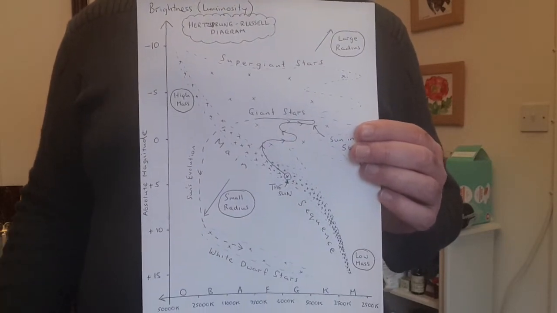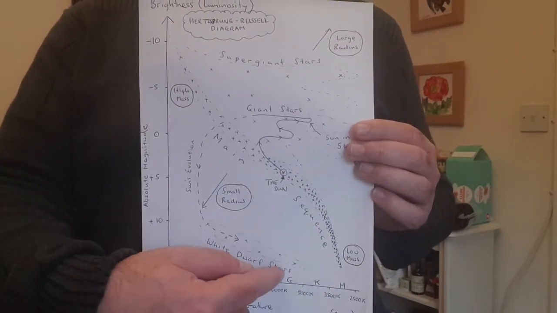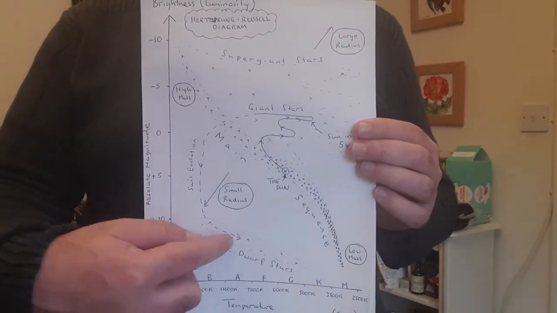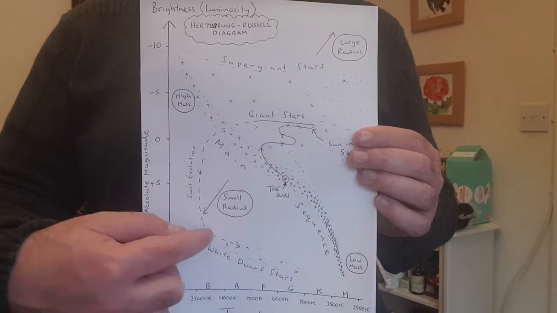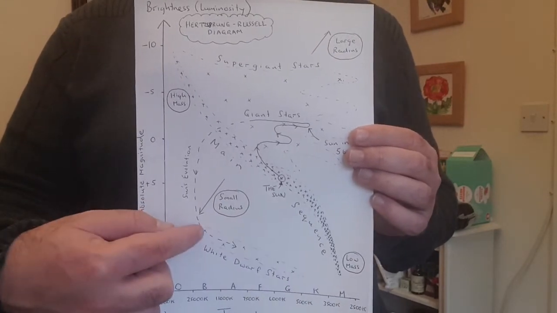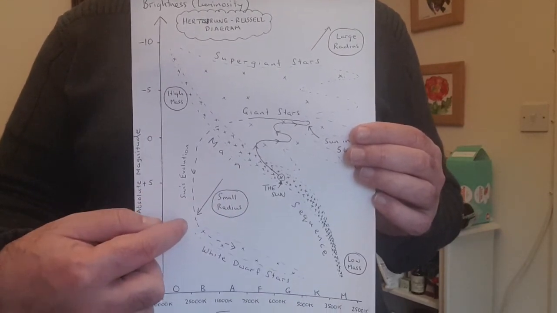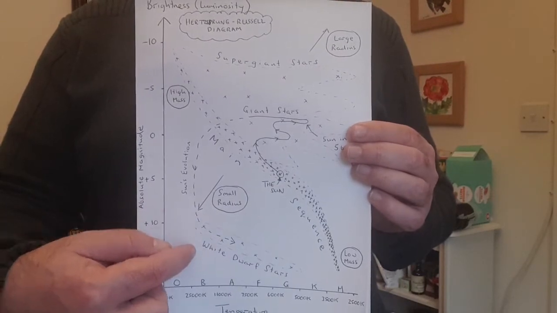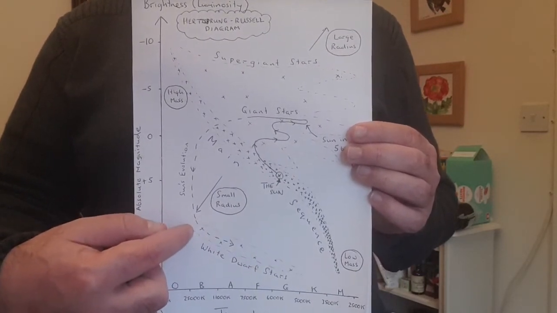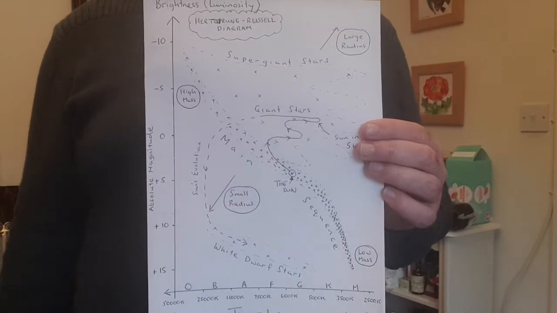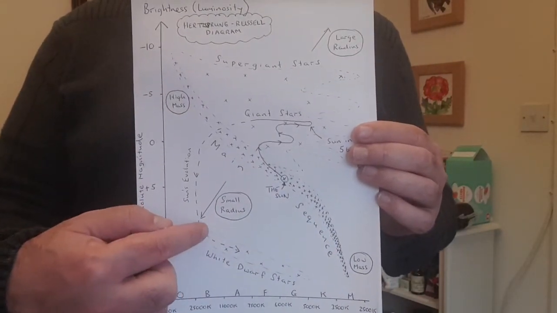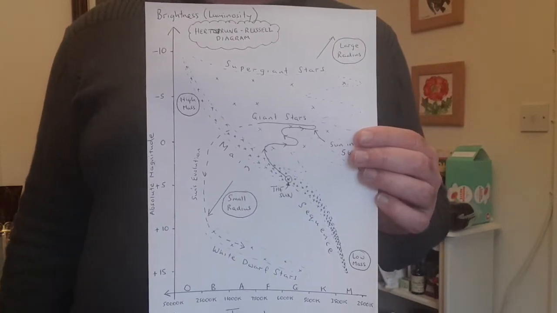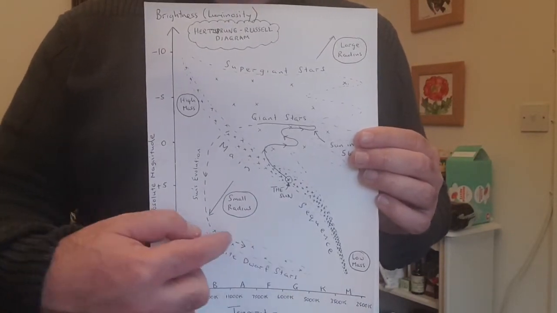And the white dwarfs appear on the Hertzsprung-Russell diagram down here, below and to the left of the main sequence. Because they're down here, that's telling you that they're very small objects, because they're very hot, they have quite a high temperature, and yet they're not producing a lot of energy overall. So again, Stefan's law will tell you that they must have a very small surface area. So the white dwarfs all lie down here.